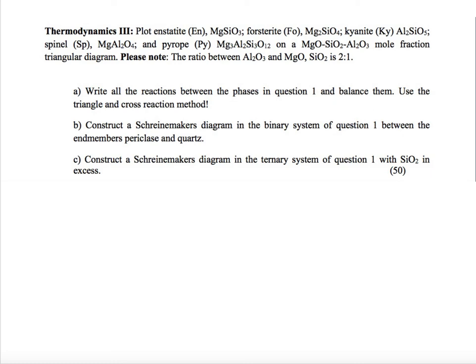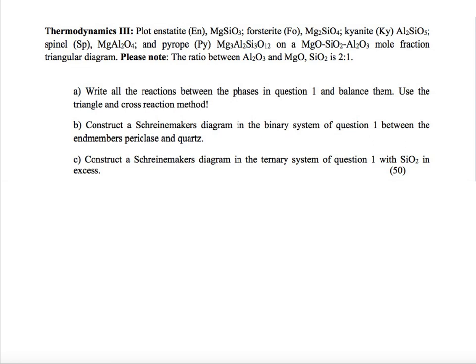Please note that the ratio between Al2O3 and MgO and SiO2 is 2 to 1, because when we are talking about aluminium oxide, we are dealing with Al2, and Mg and SiO2 is just 1 mole.